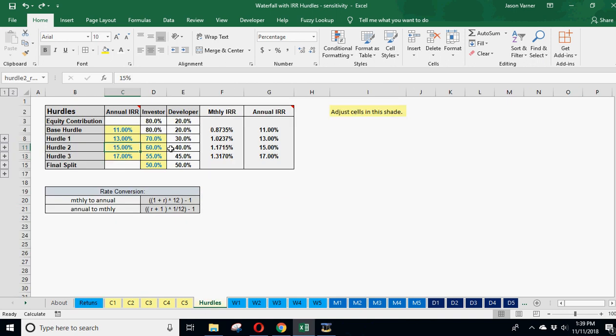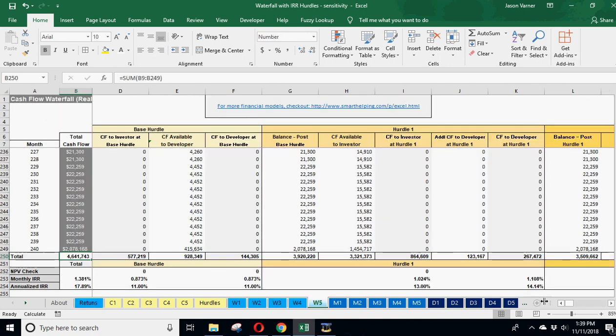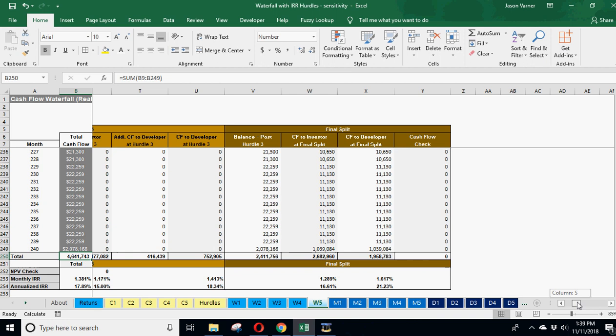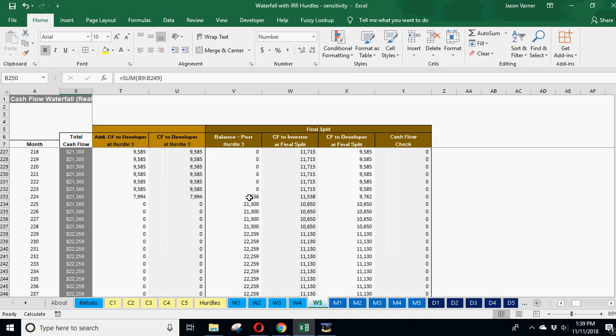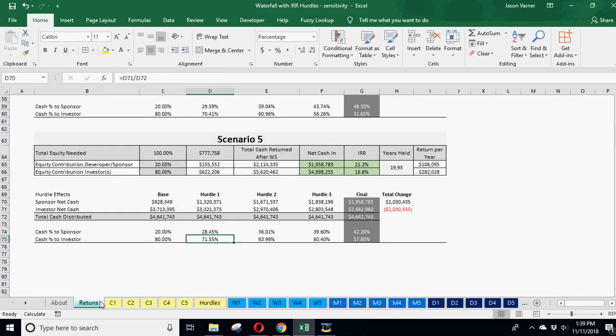Let's take this down to like 13.5 and this down to like 15 and see. Yeah, there you get a little bit of split there. So if you go back to Waterfall 5, you've got a little bit there. So you've got about 17 months of 50-50, which is great for the sponsor. So now they're getting a bit higher return than they were.